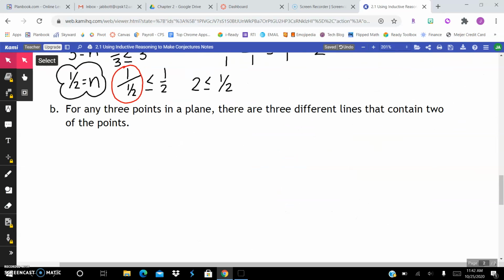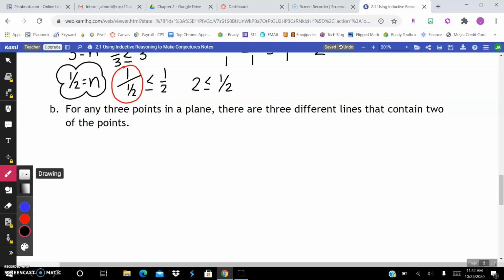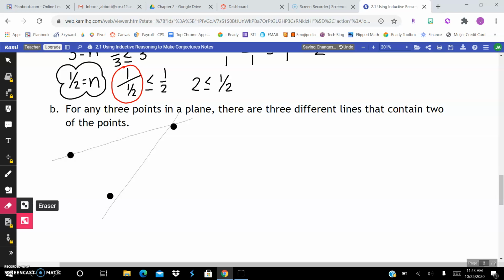And then part B, for any 3 points in a plane, there are 3 different lines that contain 2 of the points. So it says in the plane, so 3 dots, they're in the plane. If I connect them, there are going to be 3 different lines that contain 2 of the points. Well, we would have this line, we could have this line, and we could have that line.